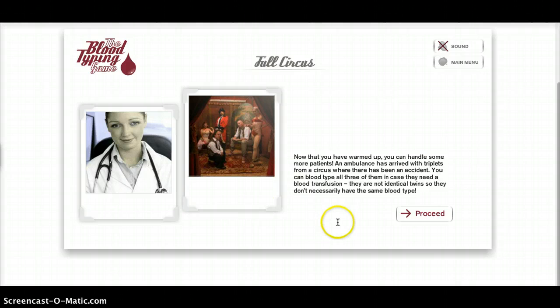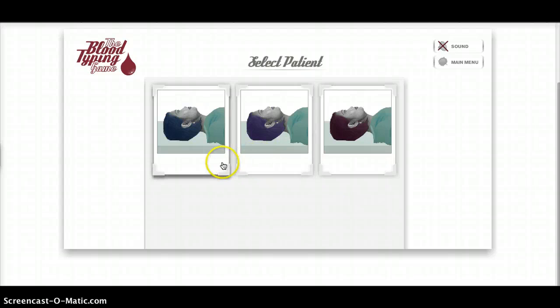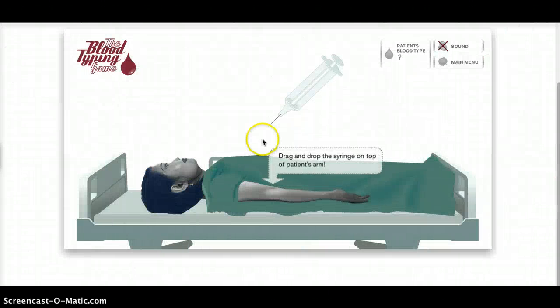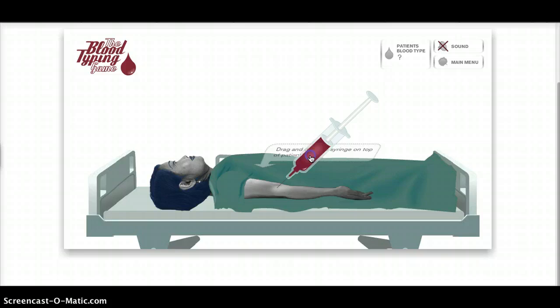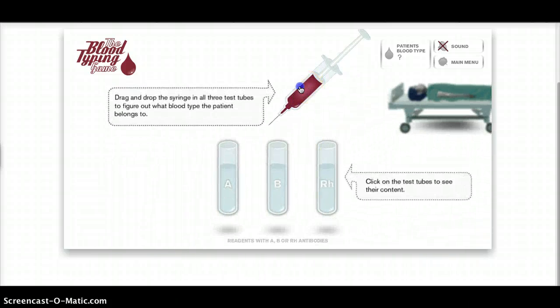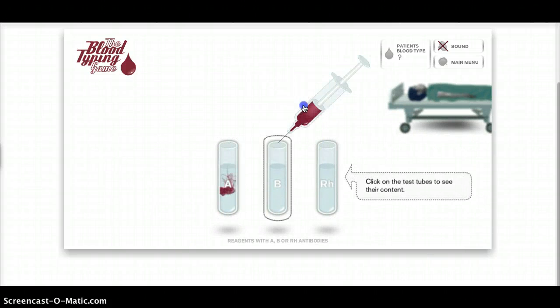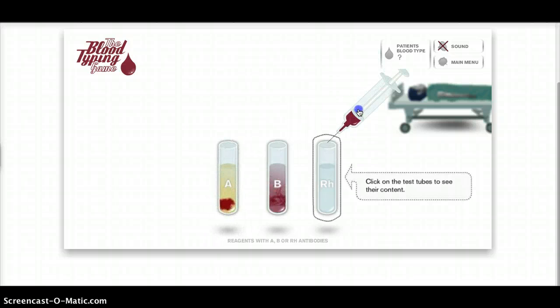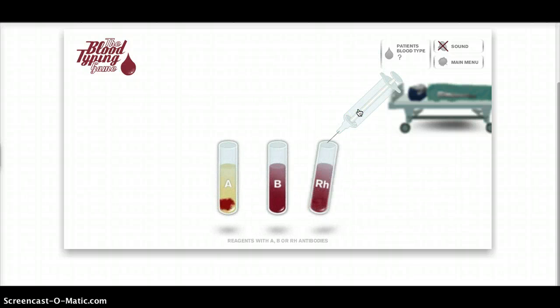So this one gives them a few more patients. This time there will be 3 patients which they will need to perform blood typing on. They do this the same way by adding blood to each of the test tubes and looking for the reaction.